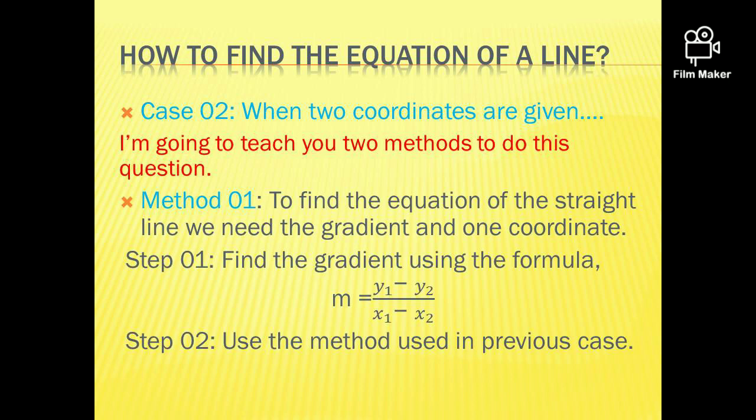With that, you can find the gradient of the straight line. Then use one of the given coordinates with the calculated gradient, and you can use the method you used in the previous question. You will get a clear idea from the example worked out after this slide.